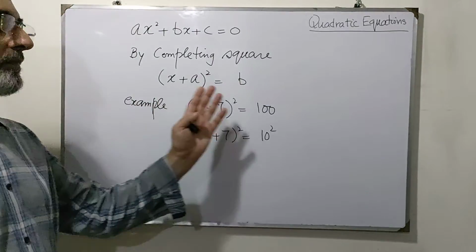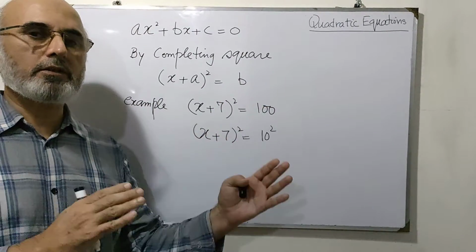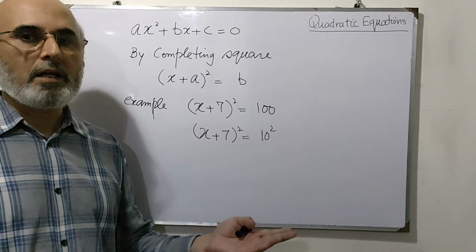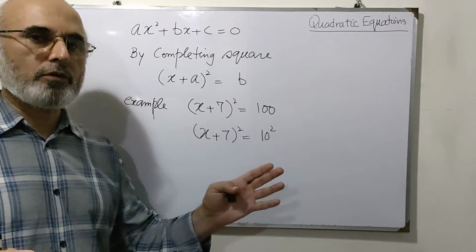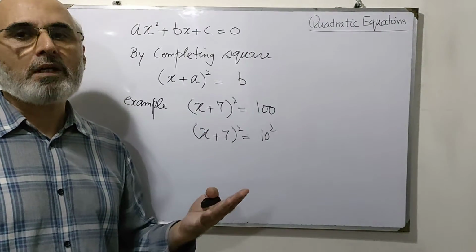Now the left hand side and the right hand side both are in the squared form, right? Now when they are both in the squared form, it's pretty simple. What are we going to do?